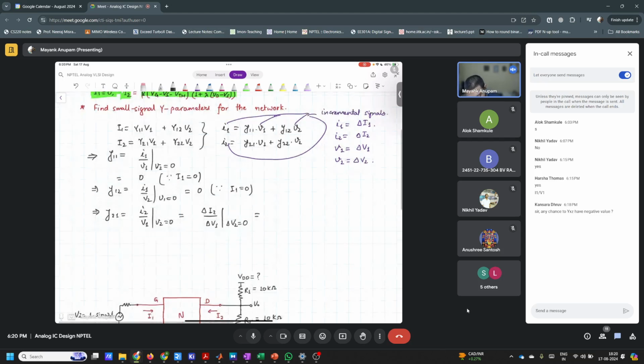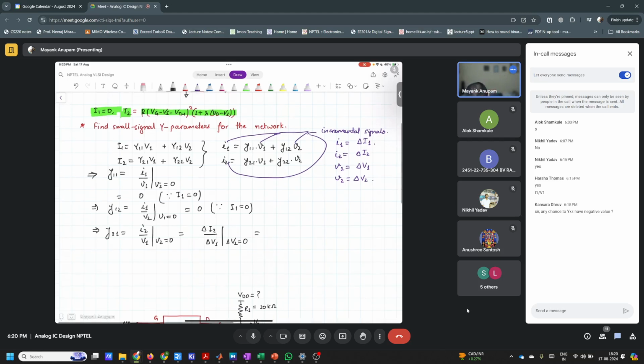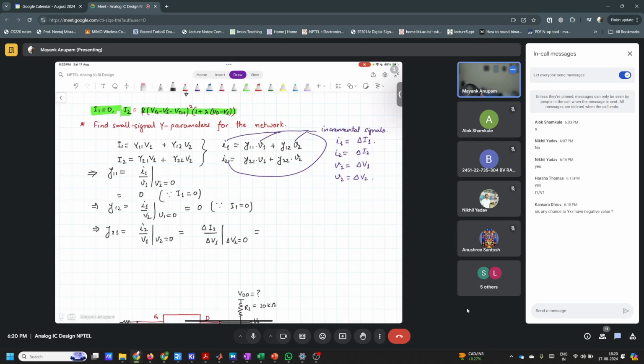Or in other words, you have to just differentiate I2 with respect to V1, keeping delta V2 equal to 0.